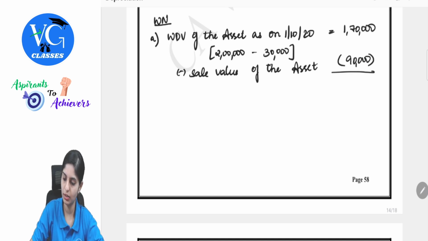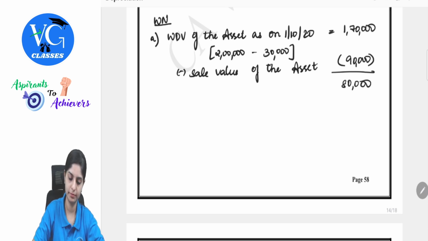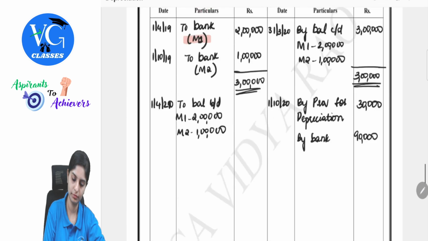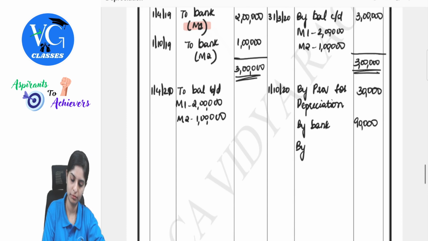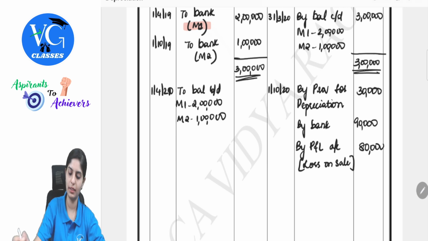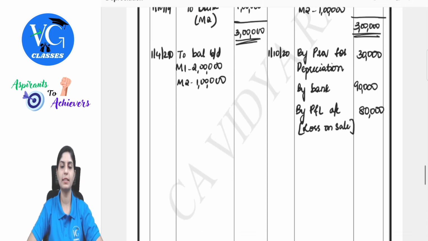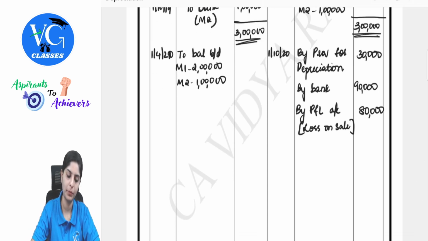So there is a loss of 80,000. By P&L account, loss on sale 80,000. So this completes the transactions connected with machine 1.